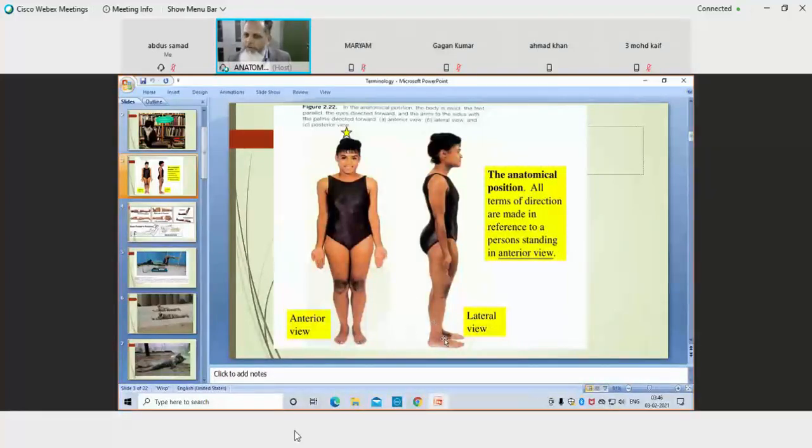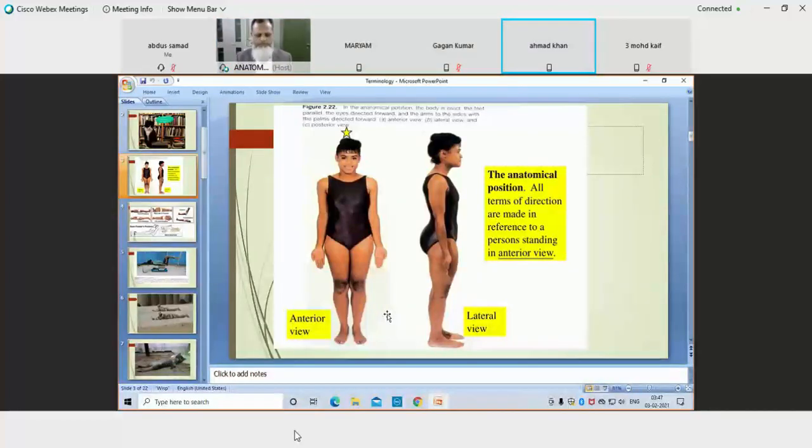when we talk about movement at the ankle joint, we call it plantar flexion and dorsiflexion, using the terms plantar and dorsal. Any confusion till now?